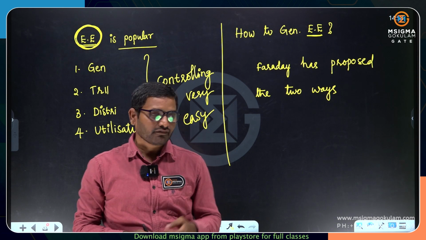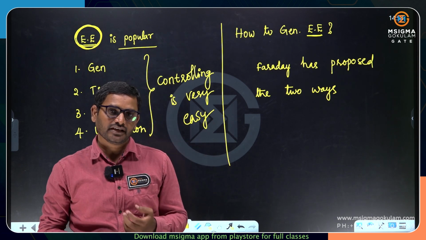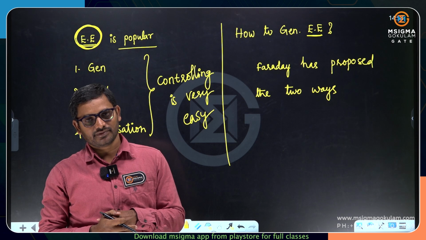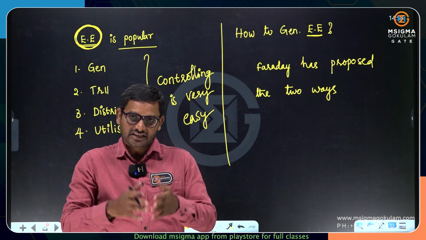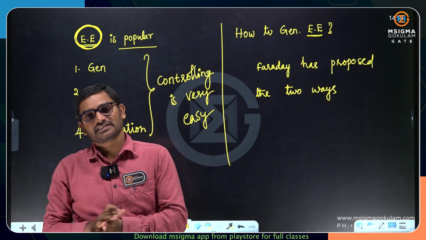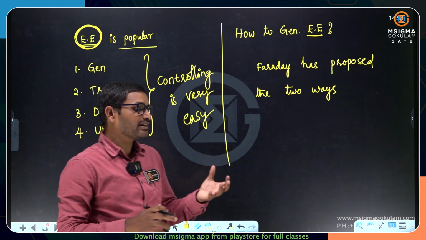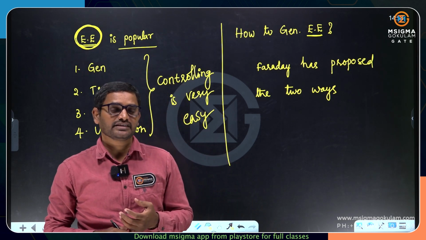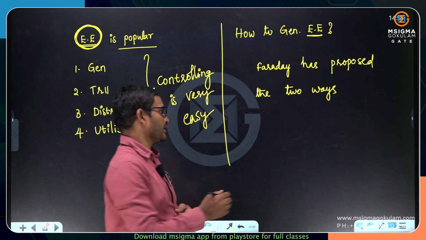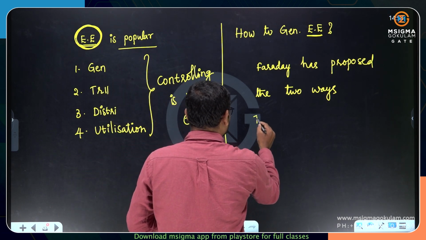I am not saying the first one is stationary induced EMF. Actually, the dynamically induced EMF method is the first law of Faraday and the stationary induced EMF method is the second law of Faraday. Let me write the first law here.